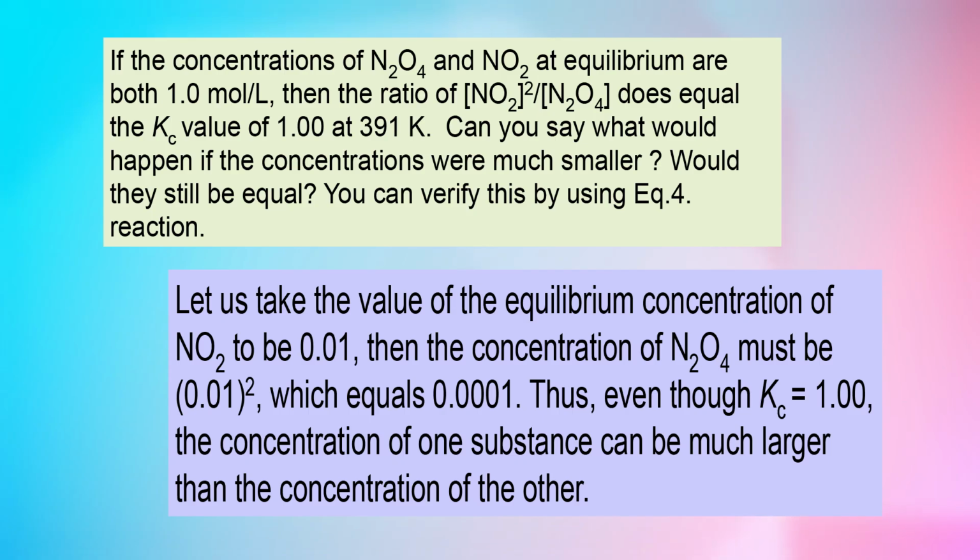So, even though Kc is 1, the concentration of one substance can be much larger than the concentration of the other. This happens because there is a squared term in the numerator of the equilibrium expression and a term to a different power in the denominator.